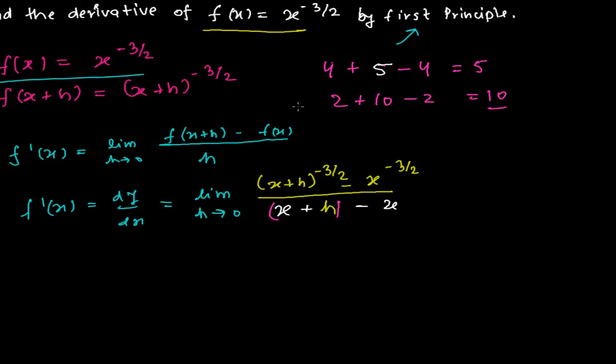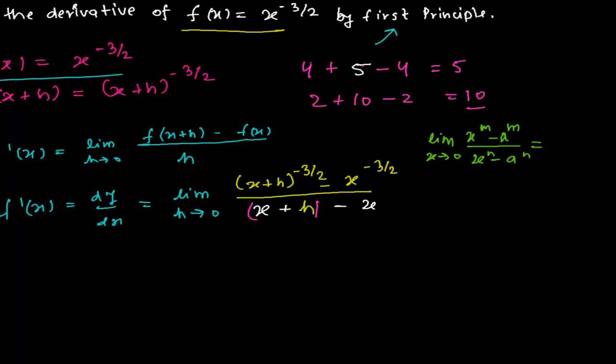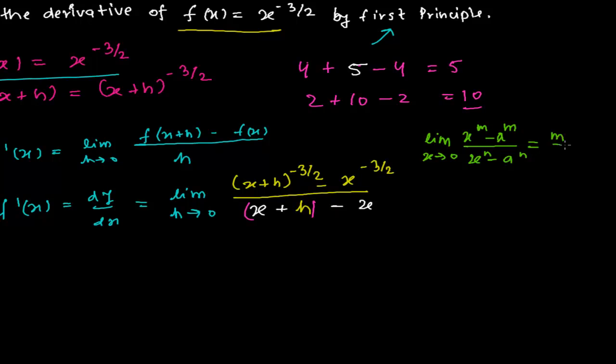In the limit chapter we learned that the limit as x tends to a of x to the power m minus a to the power m, whole divided by x minus a, equals m by n a to the power m minus n, for x to the power n minus a to the power n in the denominator. This formula we learned in the limit chapter. So this standard result I'm going to use here.